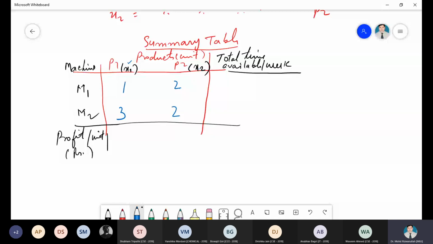2 and 2 hours. Now the question is in M1 we have total time available of 40 hours, right? And M2 we have total time 60, right? So M1 we have 40 hours in a week and M2 we have 60 hours in a week.